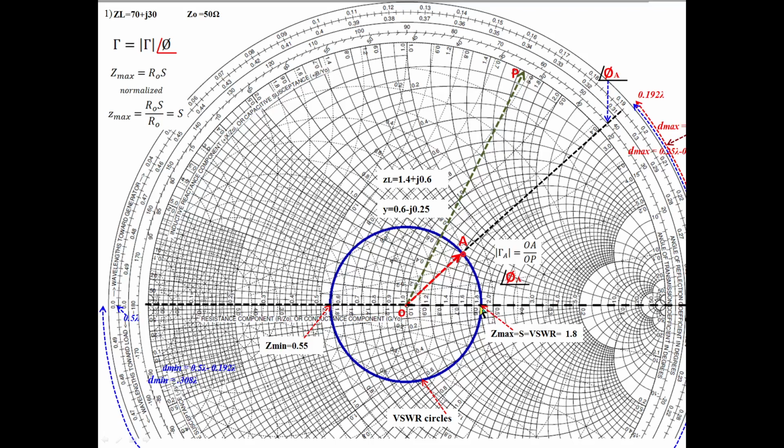There you measure the value of the impedance, and that is the value of VSWR. It is the maximum impedance you can observe on the VSWR circle. If you move like this, we are moving over a VSWR circle, which is nothing but moving over a transmission line towards the generator.